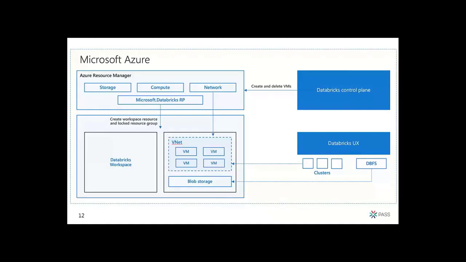In addition to these appliances, a managed resource group is deployed into the customer subscription that gets populated with a virtual net, a security group, and a storage account offered by Azure. So these are the concepts Azure users are familiar with.